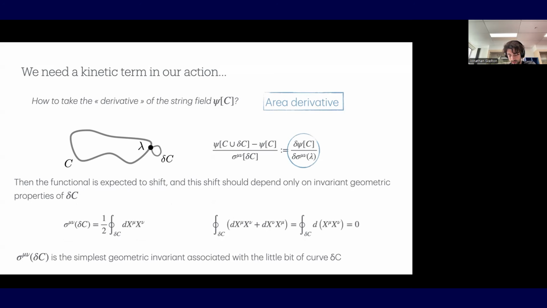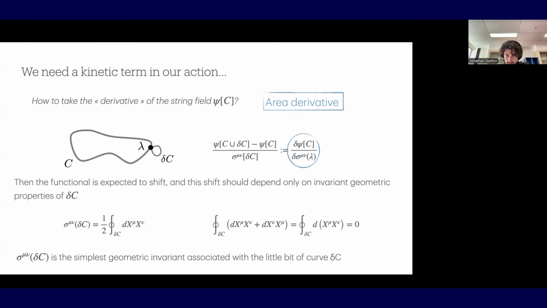And the idea is very similar to the usual derivative that we define for a function. You define a curve C, and at some point lambda on that curve, you attach another small curve, right?